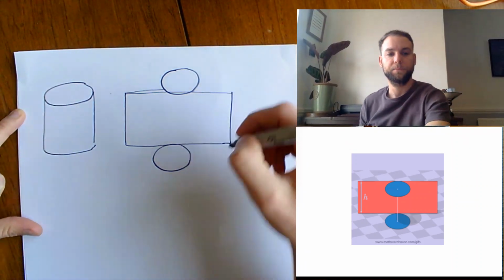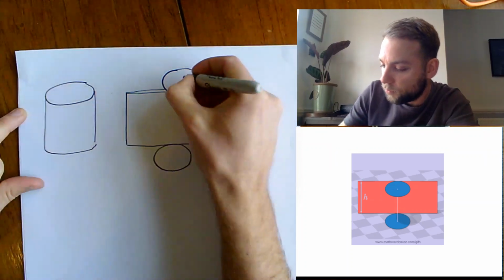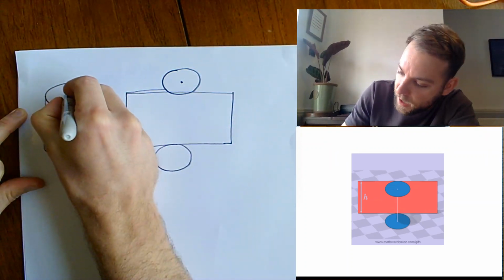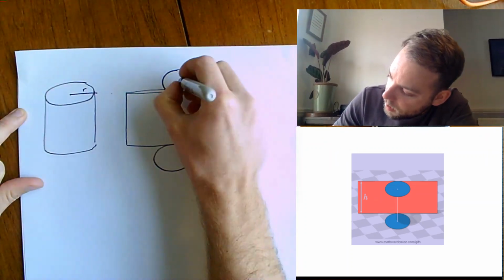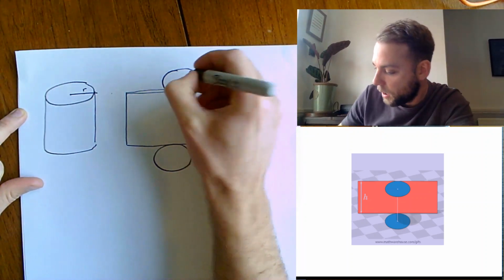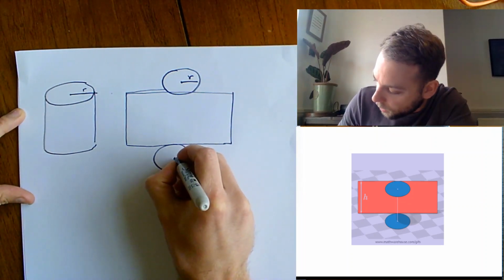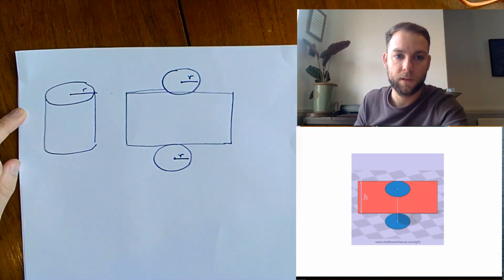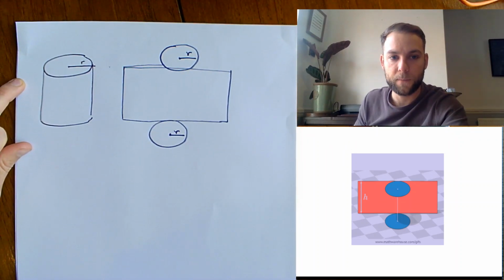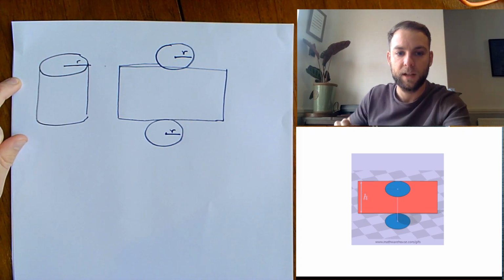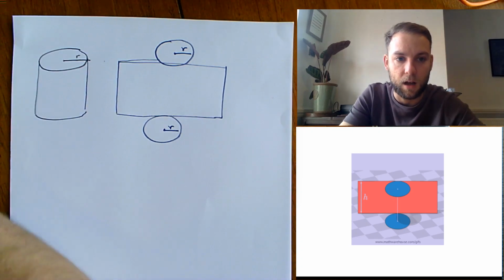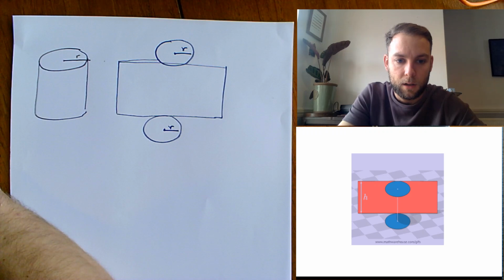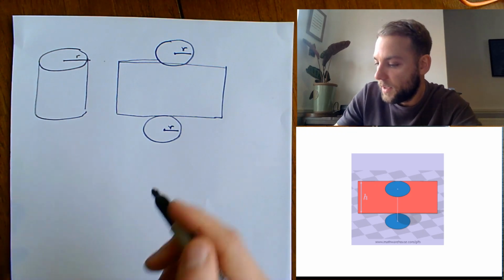So we know the radius of this top circle is the same as the radius here. We know the radius of this bottom one is the same as the radius down here. And what we're looking at here is this part.